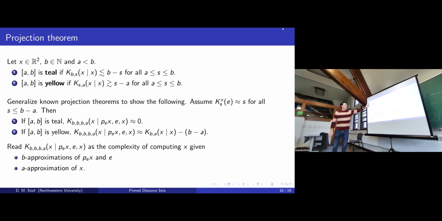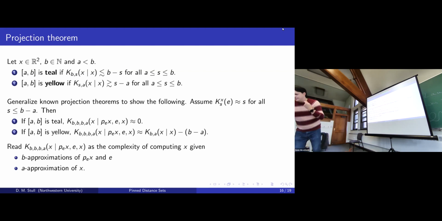And so we have these two types of intervals. If you just look at the proof from Neil and my paper, you'll almost immediately be able to generalize the projection theorem to work when the intervals are teal and when the intervals are yellow.